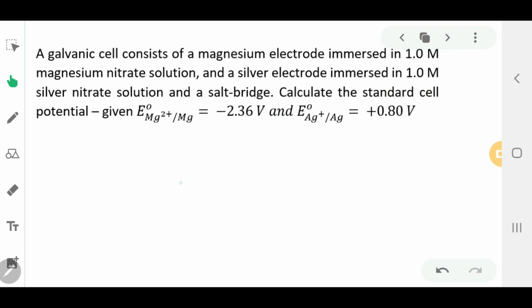We have a question. It says that the galvanic cell consists of a magnesium electrode immersed in its electrolyte and a silver electrode immersed in its electrolyte, connected by a salt bridge.